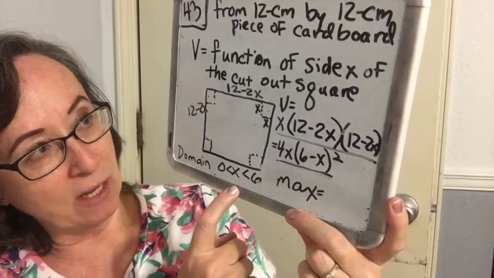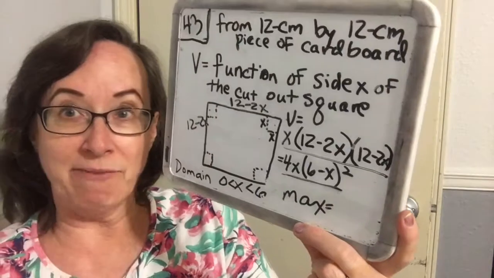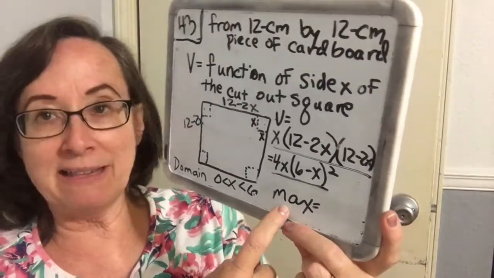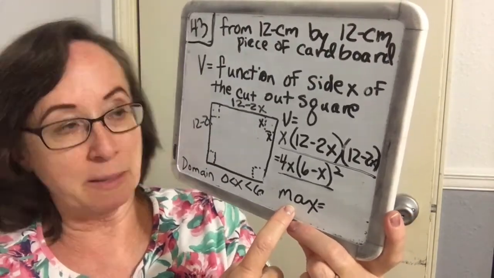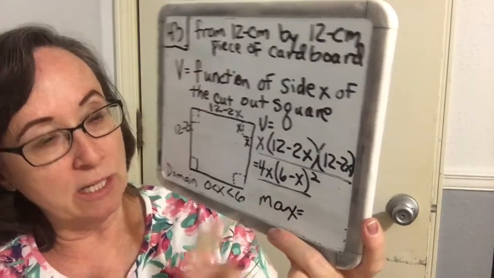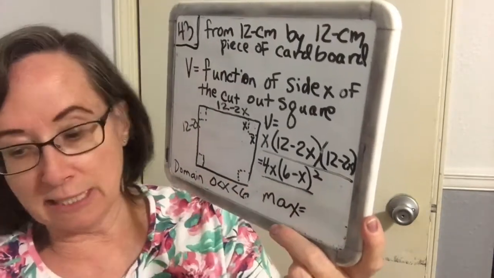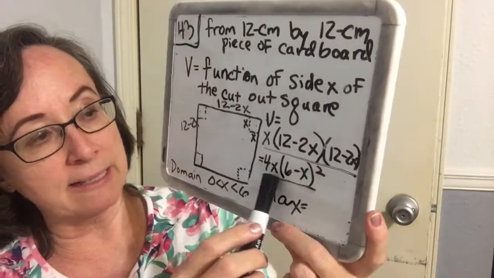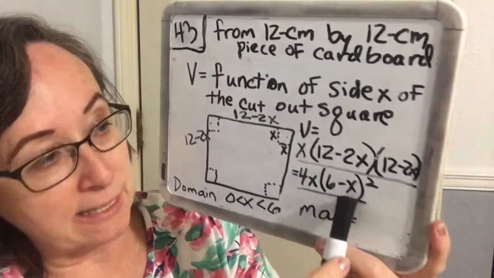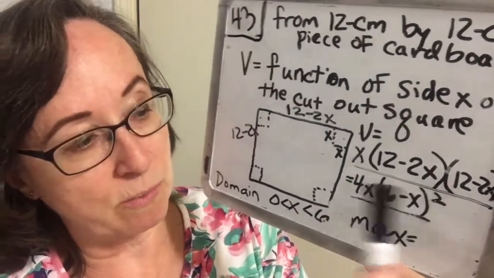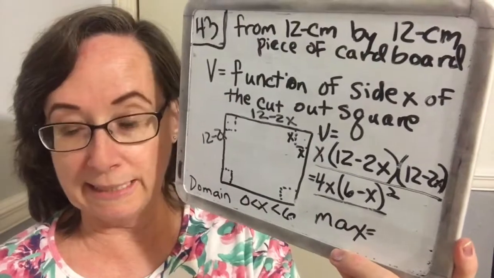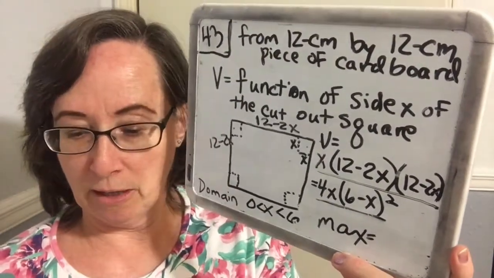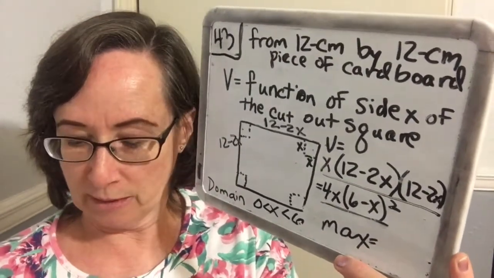And then we are to graph this and find the maximum that the box could be. So I put this formula right here, 4x times 6 minus x, quantity squared, into my handy dandy y button on my calculator.